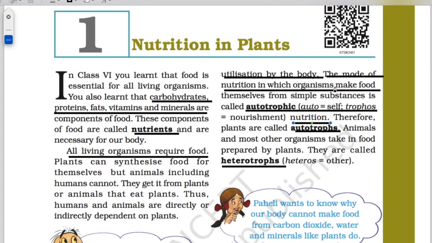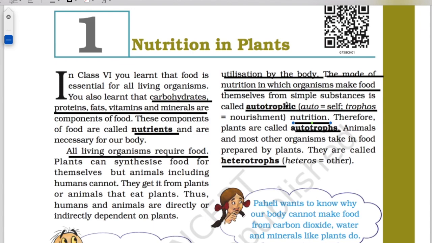I repeat the definition. The mode of nutrition in which organisms make food themselves from simple substances is called autotrophic nutrition.